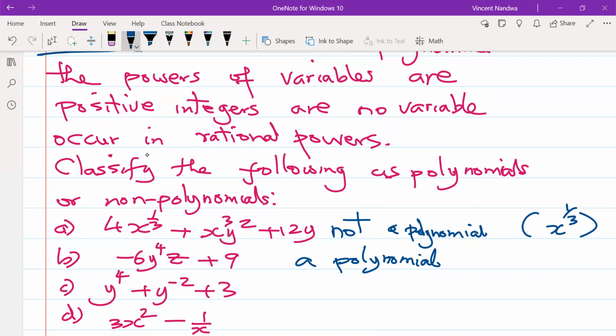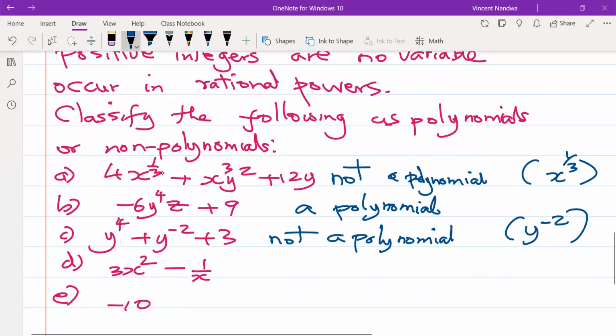It's not. What makes it not a polynomial? The minus 2. That should be a positive integer. So the term y power minus 2 is what makes it a non-polynomial.